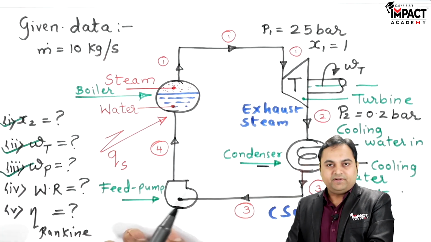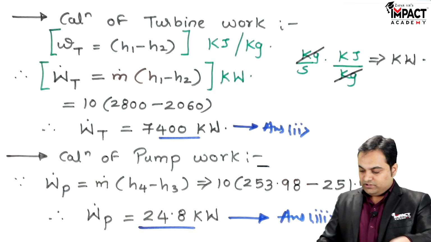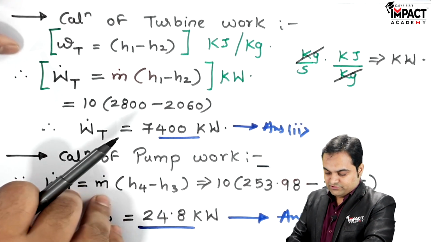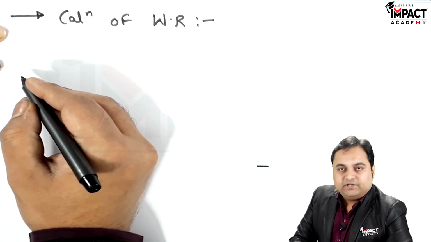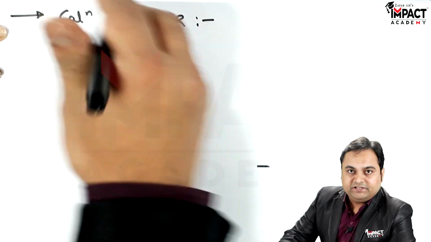Now work ratio and Rankine efficiencies are left, so quickly I'll find the work ratio first. In order to get the work ratio, first I need the net work.